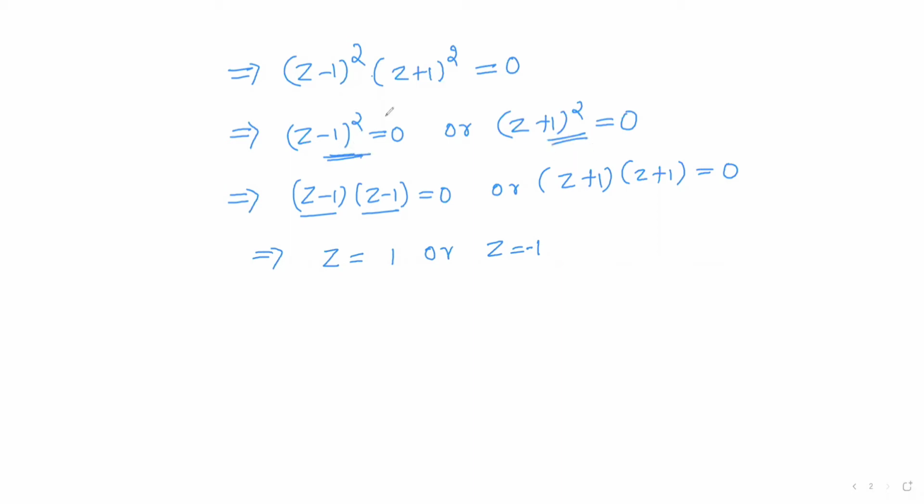So z minus 1 whole square is a quadratic equation which should have 2 zeros, and both the zeros are equal to 1. In other words, 1 is a 0 of order 2 and minus 1 is a 0 of order 2 of this.